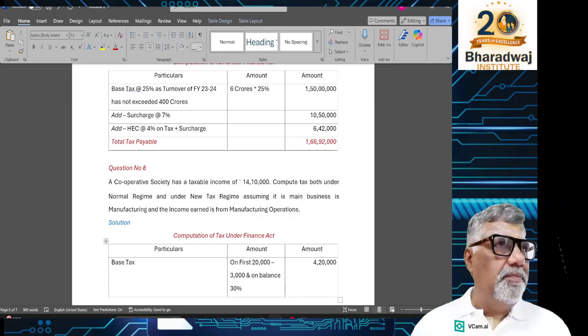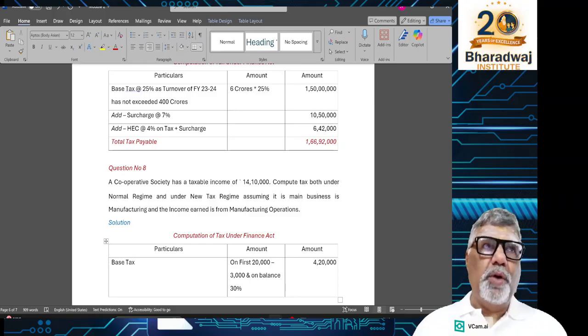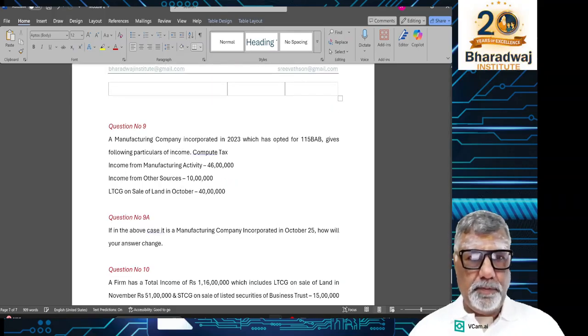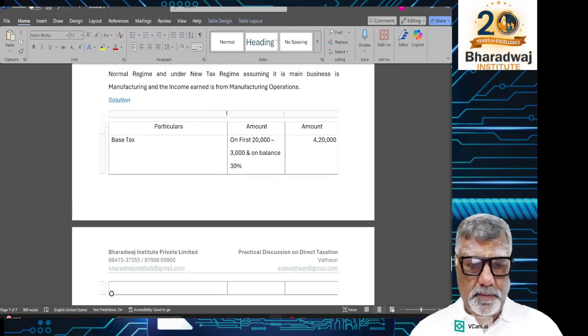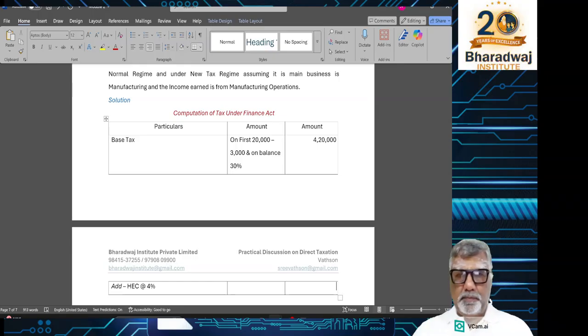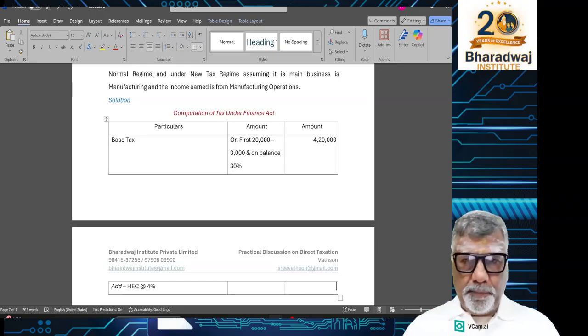Will surcharge come? No, up to 1 crore it will not come. 16,12,000.